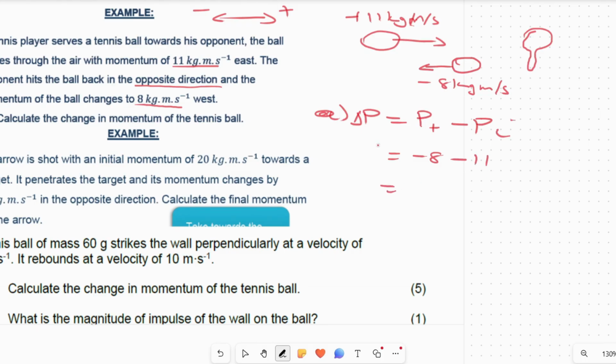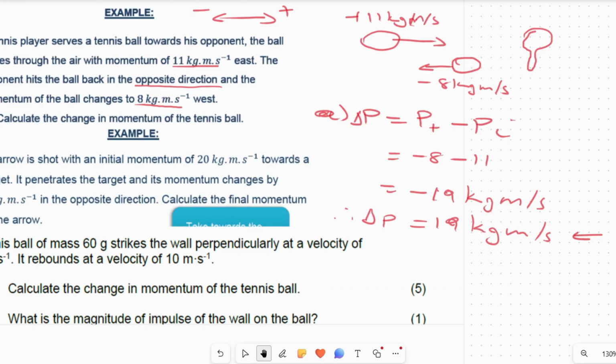So the change of momentum is negative 19 kilogram meters per second. Therefore the change of momentum is 19 kilogram meters per second to the west. So that is the answer. All right, now let's look at number 2.